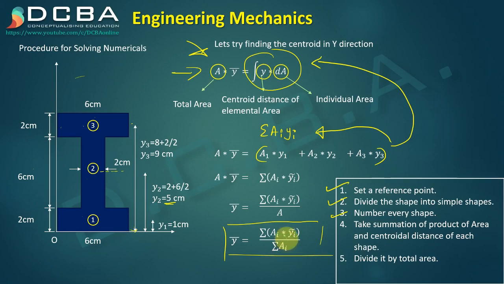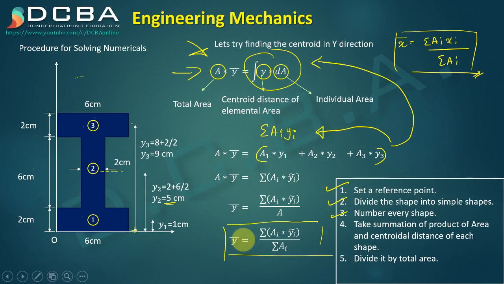Similarly, for x bar it will be summation of ai xi upon summation of ai. This will be the formula for x bar. Now these are the formulas that we will be using for finding the centroid. See, the basic formula remains the same. We cannot neglect this formula. It will definitely be used when there are complex shapes which cannot be divided into simple areas.